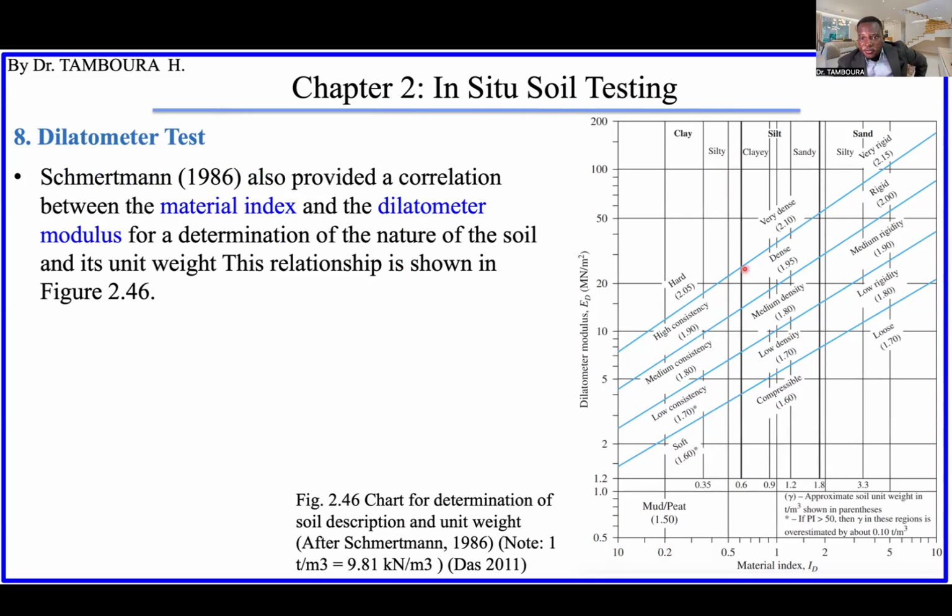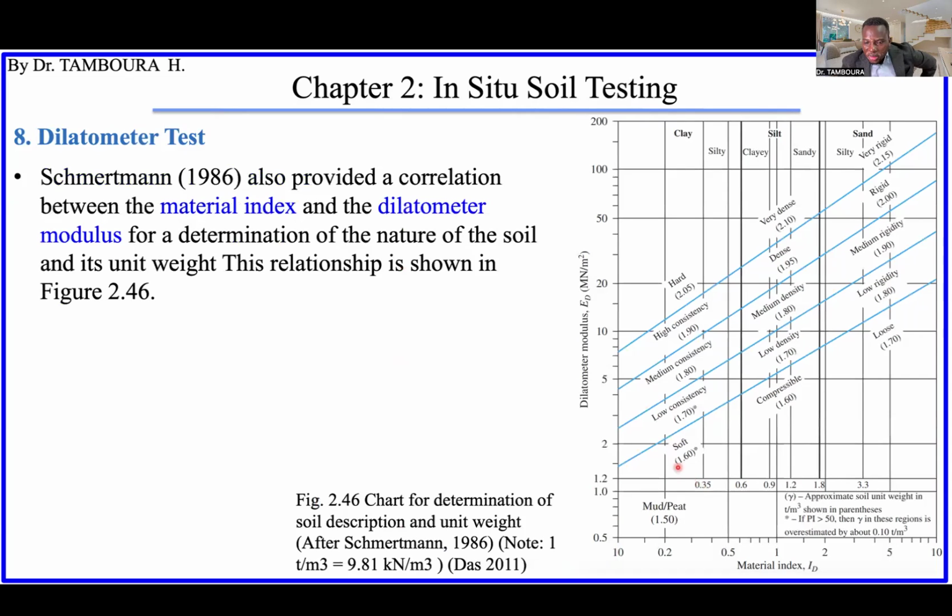If the material index is here to here, for example, 0.6, from here to here, it is a clay. Here is silt, here is sand. The ranges are different for each type of soil.